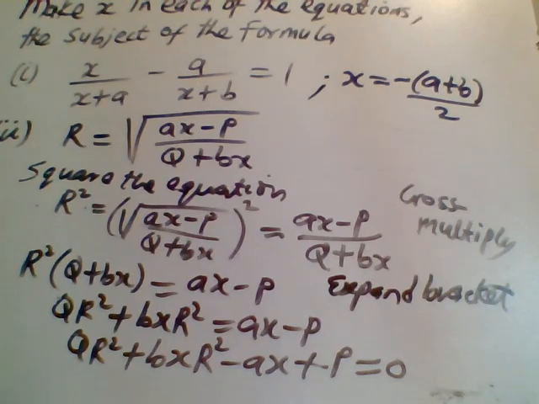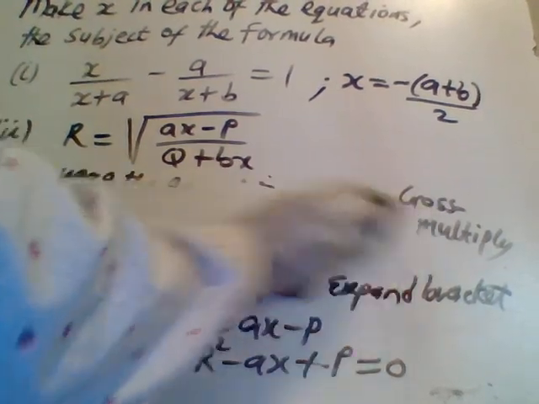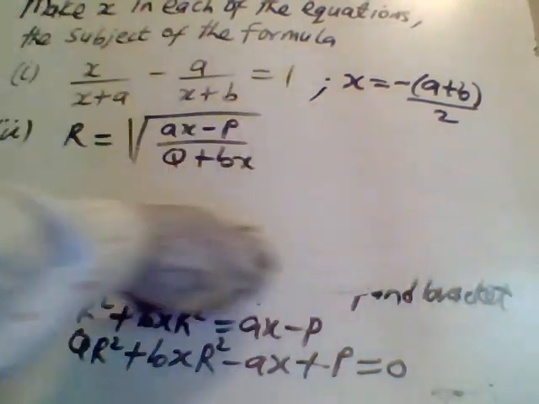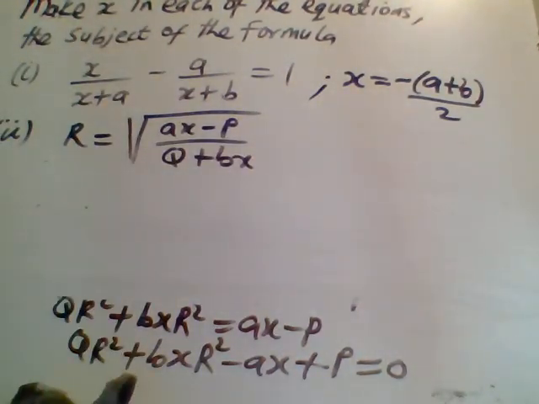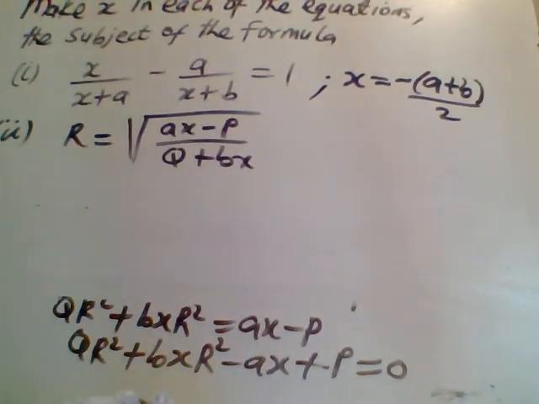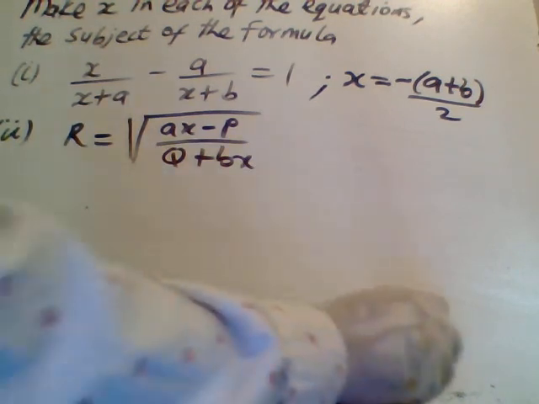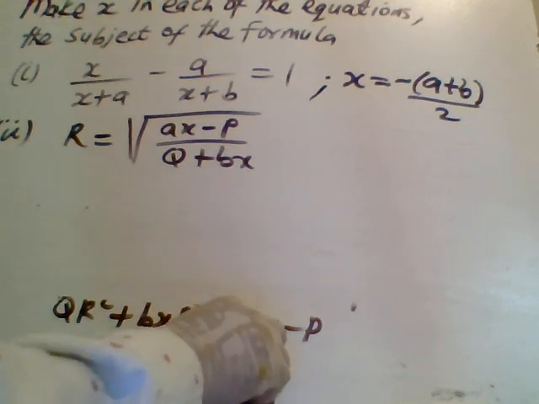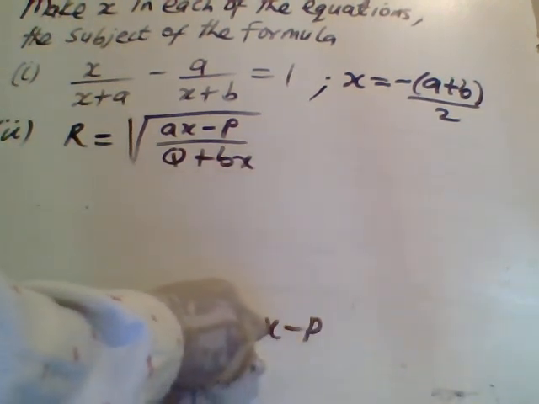So the next thing you have to do at this point, to make it very simple, is to leave this term, because our aim is to make x the subject of the formula.